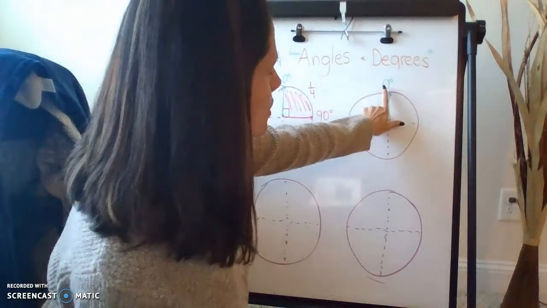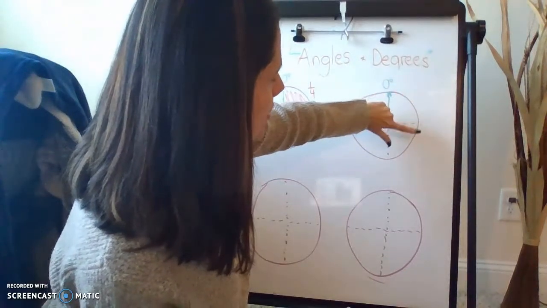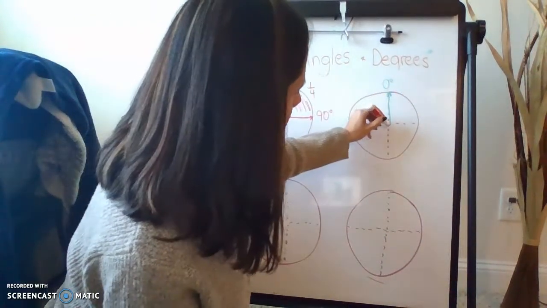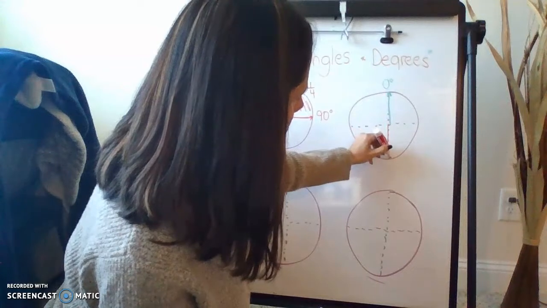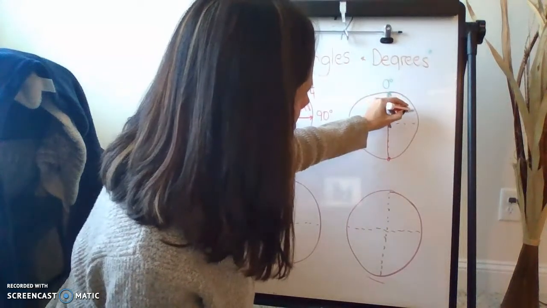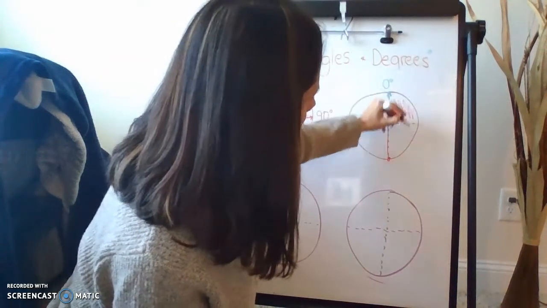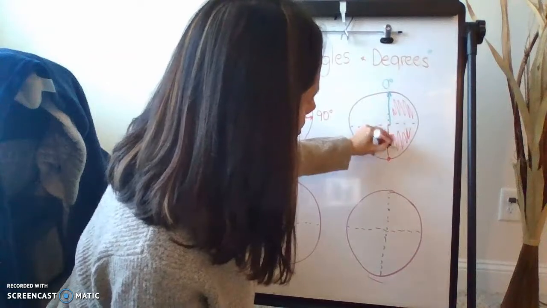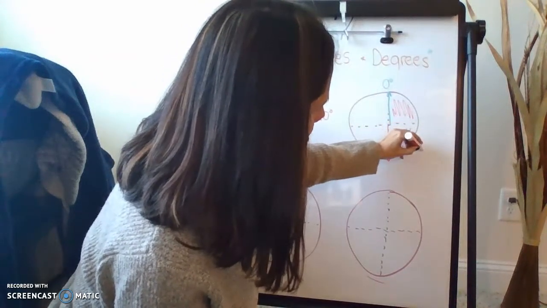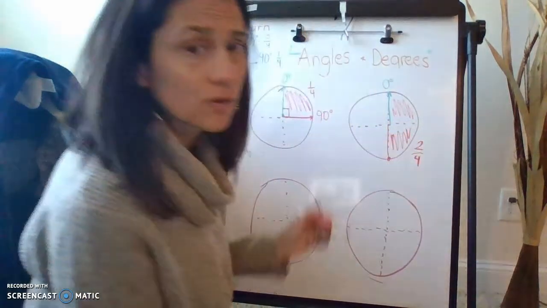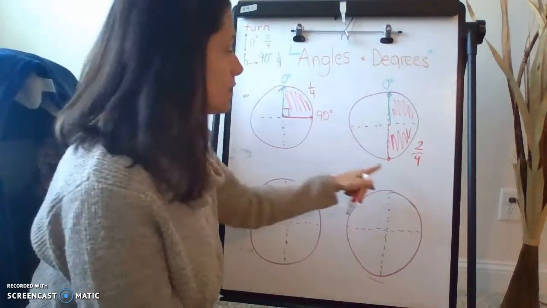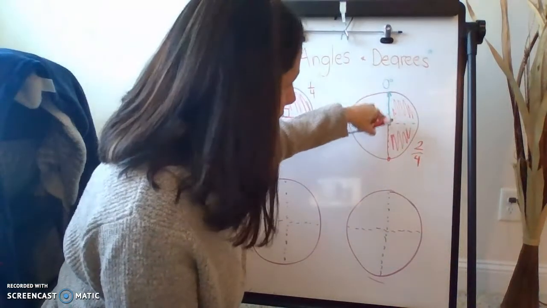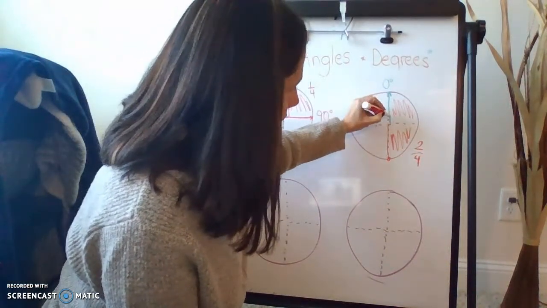So this is 1 turn, and now my red line is right here. That's 1 turn, and this is 2 turns. So the 2 turns I write like that. It's turn 2 out of the 4. So this was 90, and this is 90.